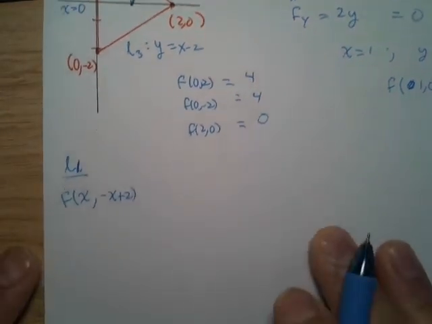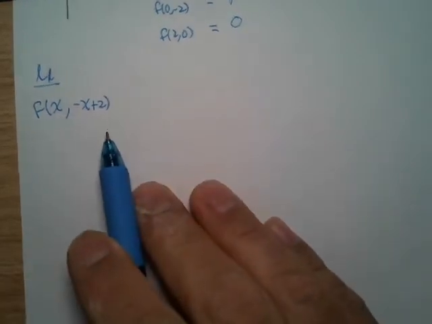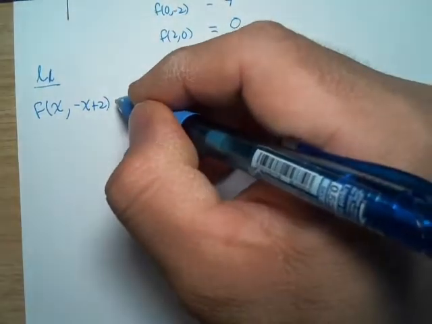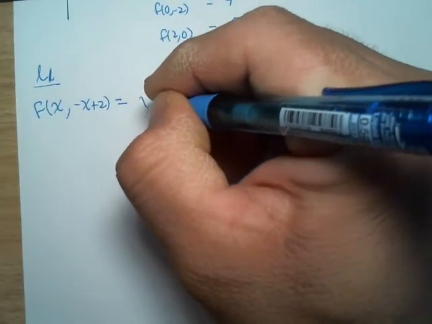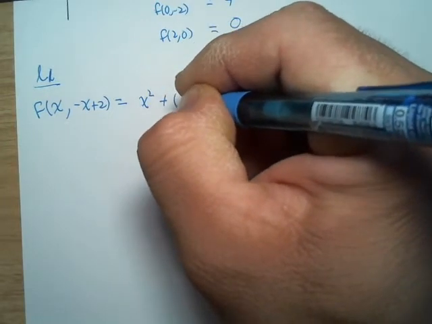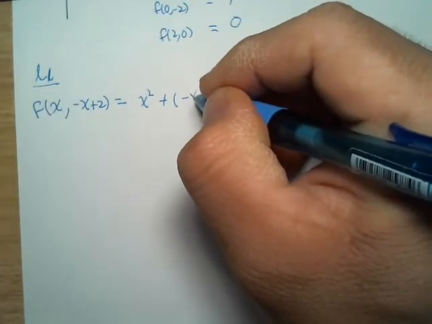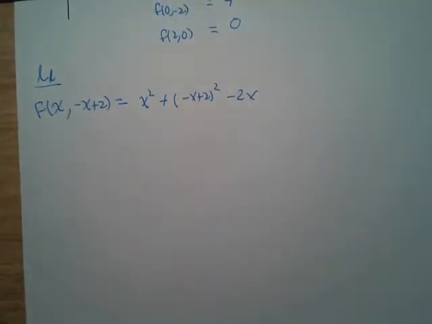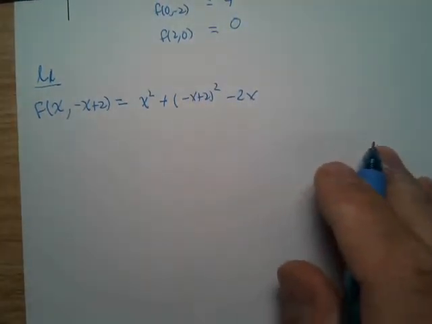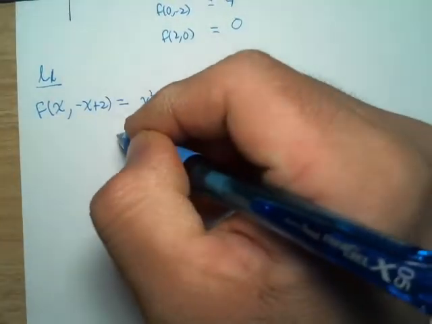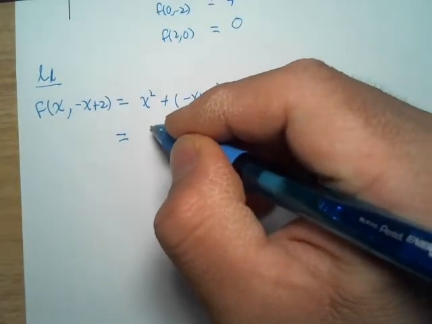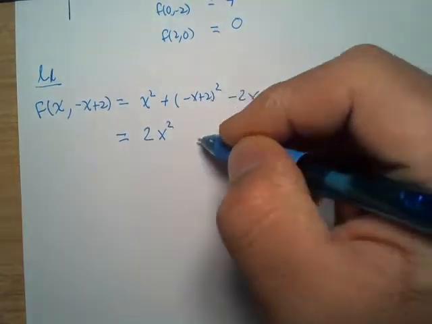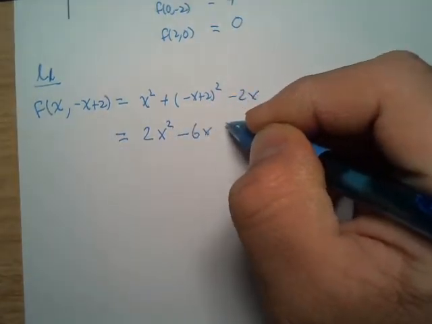I plug in negative x plus 2 for my y. So we get x squared plus (negative x plus 2) squared minus 2x. I'll expand and combine like terms, and in the end I should get 2x squared minus 6x plus 4.